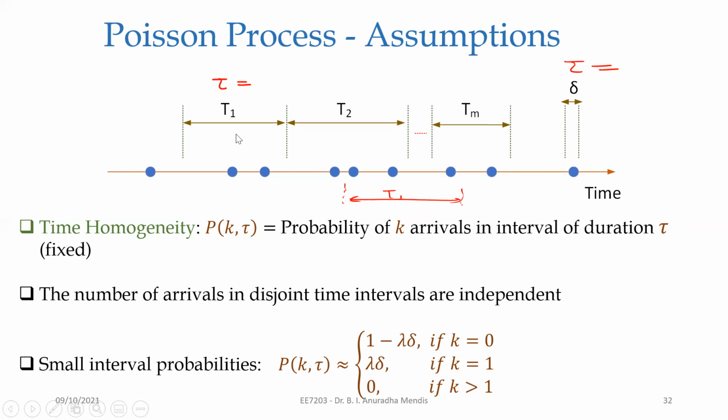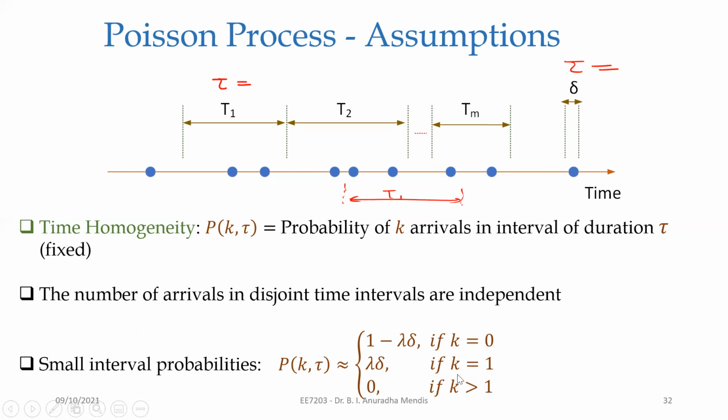Because we assume in a Poisson process, there are no simultaneous arrivals at the same time. So if you select a very small time interval, nanosecond level, that is like a very small time instant, in that time instant you can have at most only one arrival. There are no simultaneous arrivals. Therefore, for k greater than 1, that means more than one arrival, we can say the probability is 0.